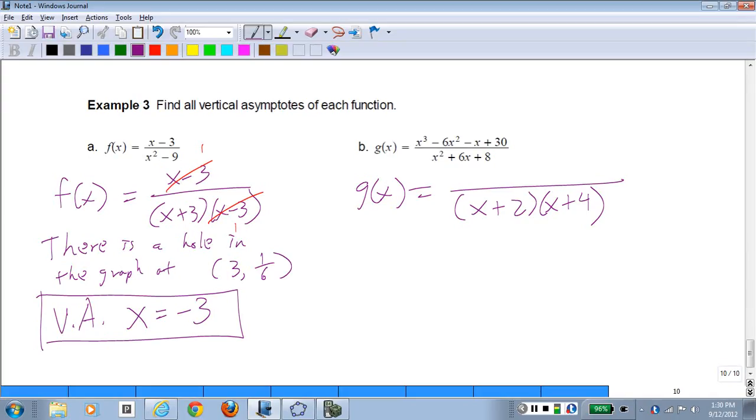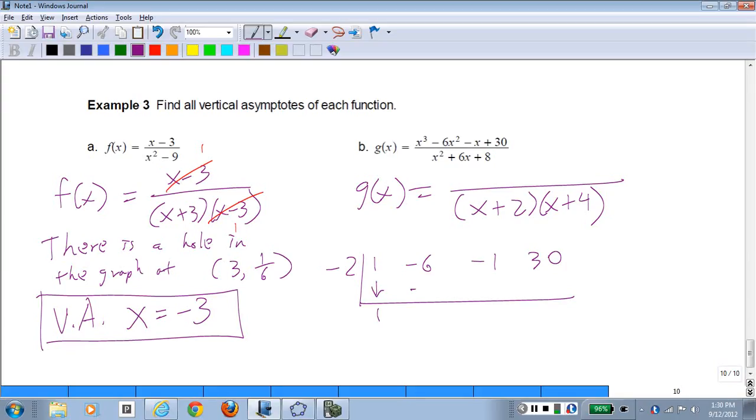It might be helpful to use synthetic division to do this, because not only do we see whether they are zeros or not, but it also helps us take a step toward factoring the numerator. So let's go with negative 2: 1, negative 6, negative 1, 30. Bring down the 1, multiply and add, multiply and add, multiply and add.